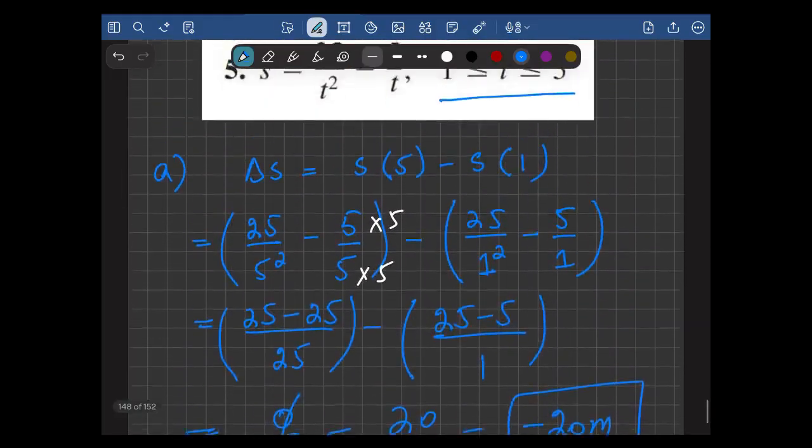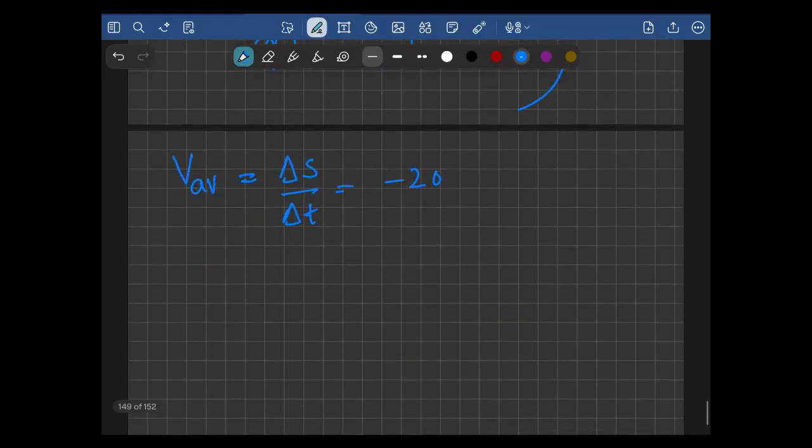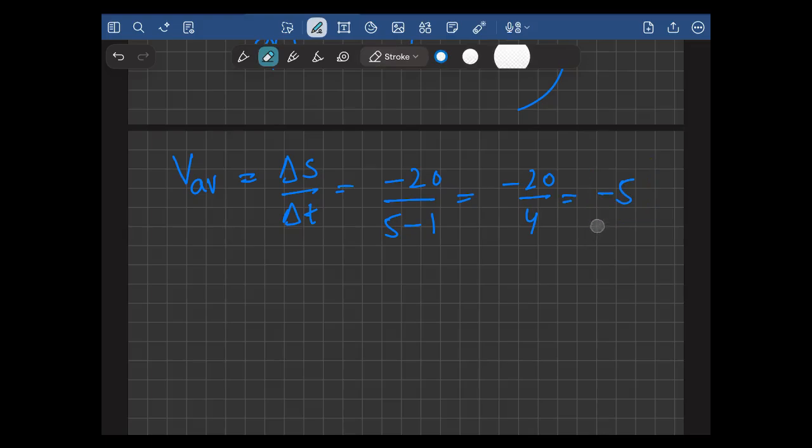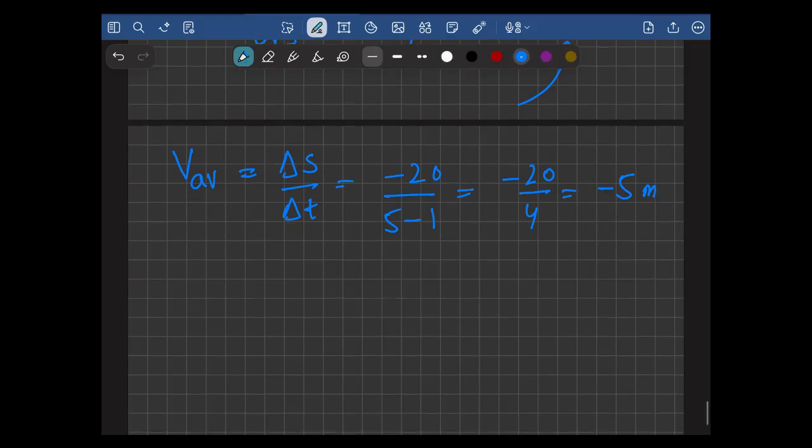The change in the interval is 1 to 5, so it is 5 minus 1, final endpoint minus initial endpoint. This gives us the change in time interval. So minus 20 over 4 ultimately becomes minus 5. So minus 5 meters per second is the average velocity for this displacement.